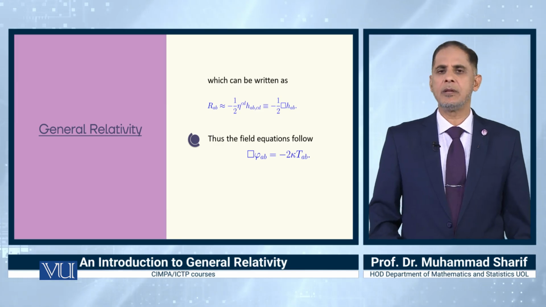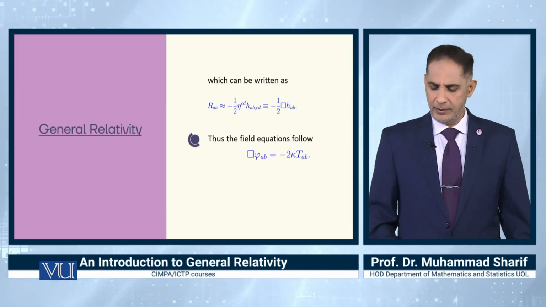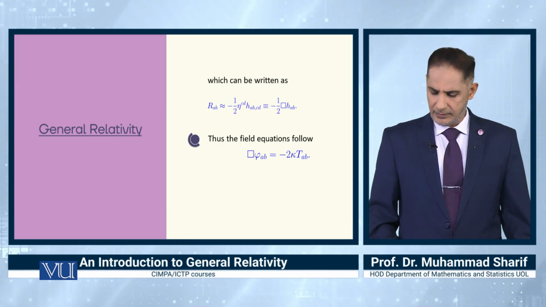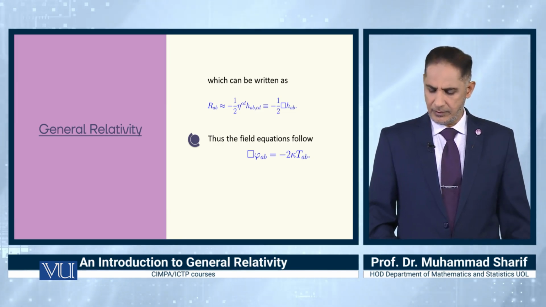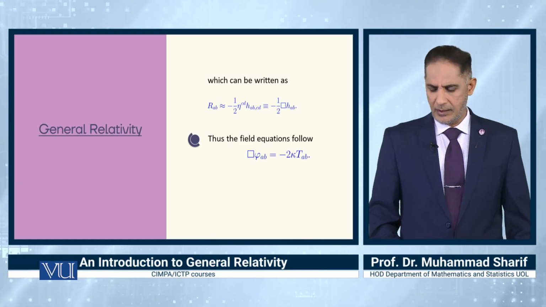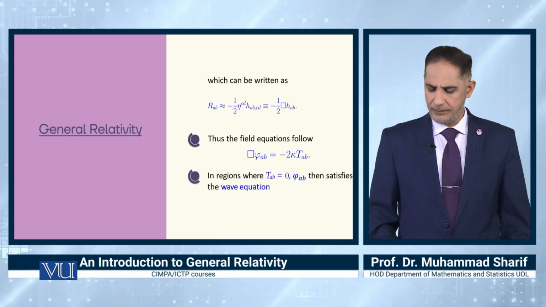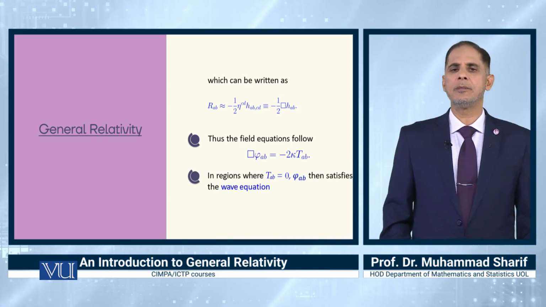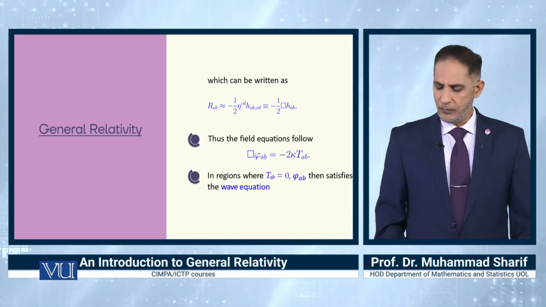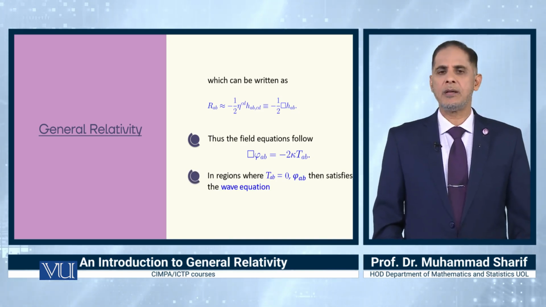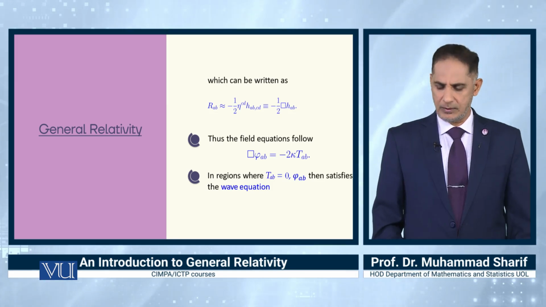Here box means the 4-dimensional operator, phi_AB is some scalar linearized tensor, and T_AB is the energy momentum tensor. Obviously, when we have the vacuum case, phi_AB satisfies the wave equation.